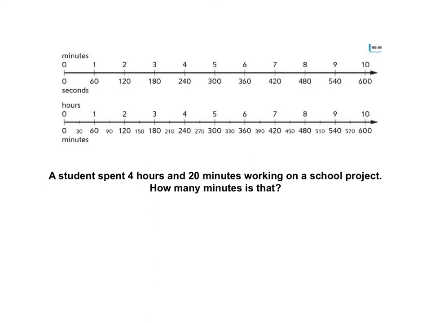Let's look at this next scenario. A student spent 4 hours and 20 minutes working on a school project. How many minutes is that? Well, so far we have part of it that already is in minutes, but notice this one is 4 hours. So the first thing I'm going to need to do is convert my hours into minutes. I already remember that 3 hours was the same as 180 minutes.